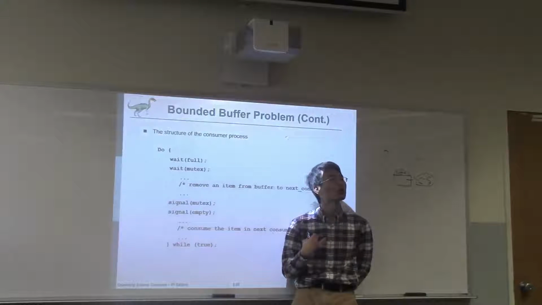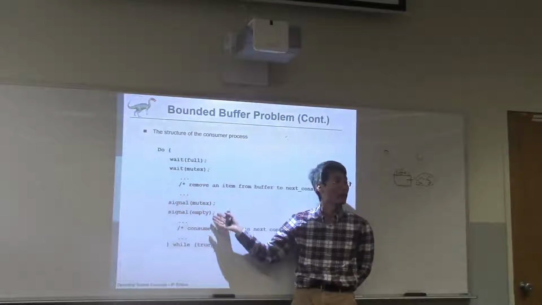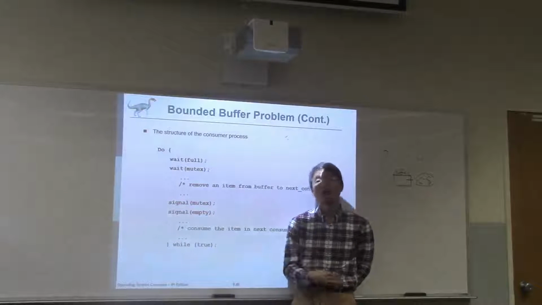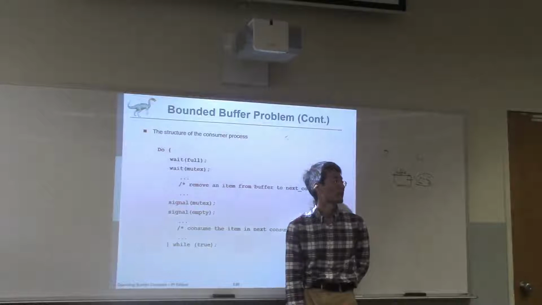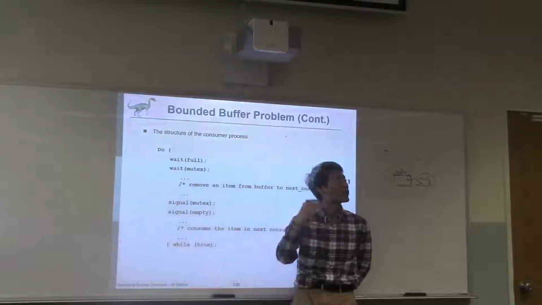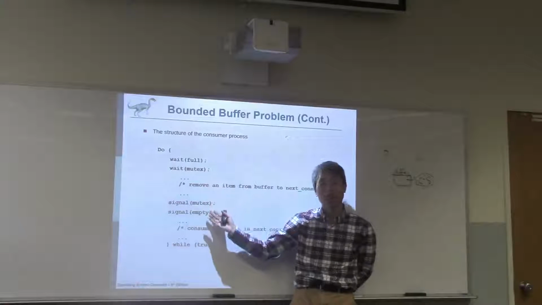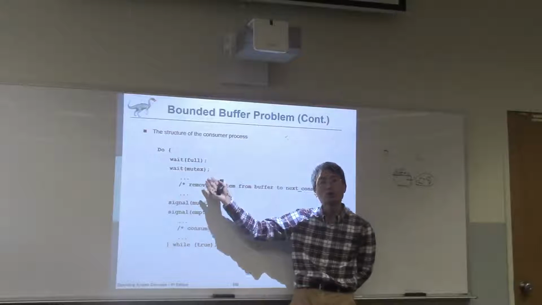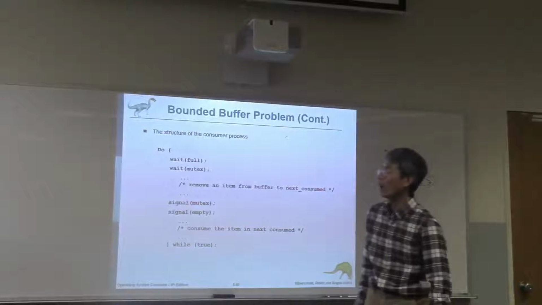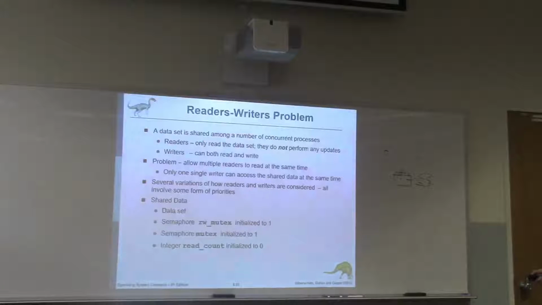However, sometimes you need to use the synchronization solution directly in your application program. For example, if I'm developing a database management system, instead of using the operating system solution, you can explicitly implement such a synchronization solution. This is the producer-consumer problem.